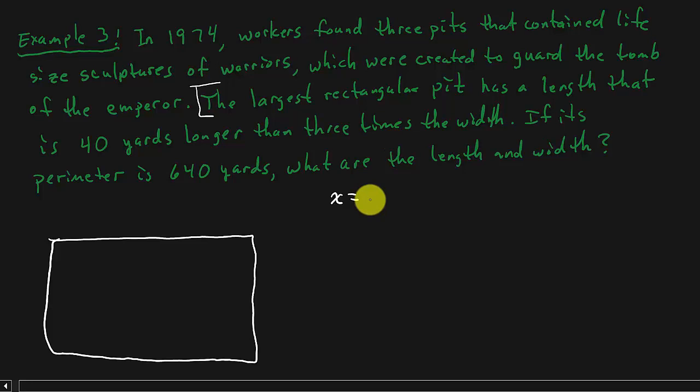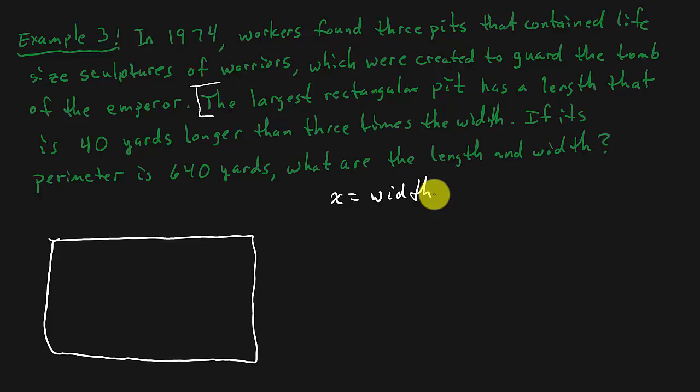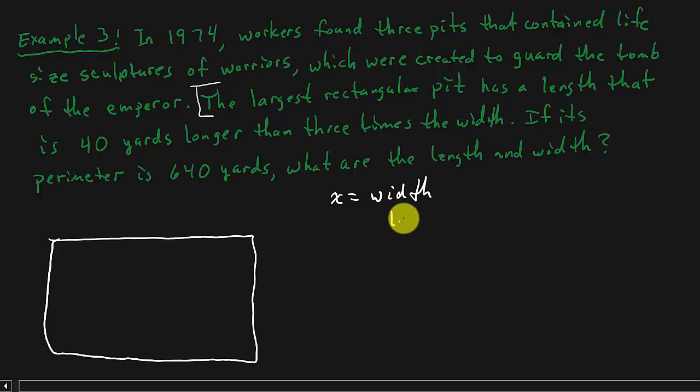So that means we're going to let x equal the width. You want to let x equal what they don't tell you about. Okay? So now, if that's the width, then what's the length? What does that equal?